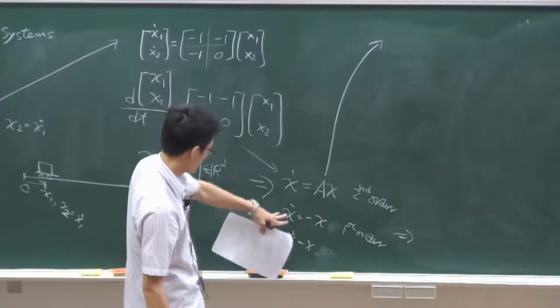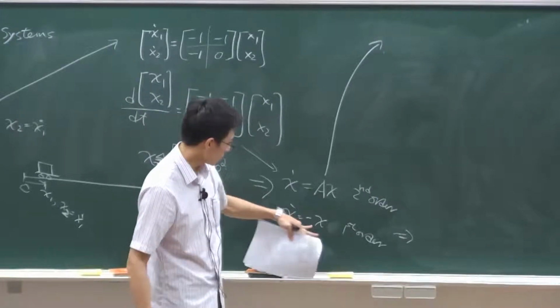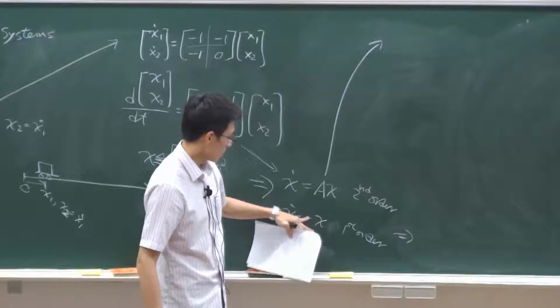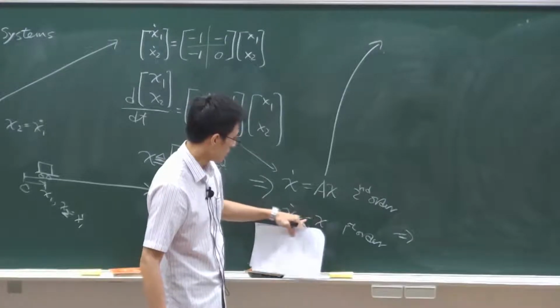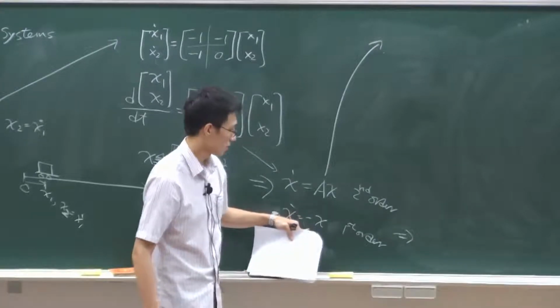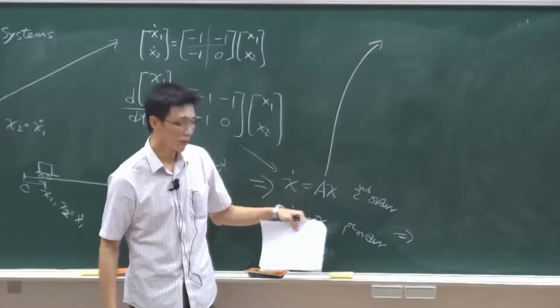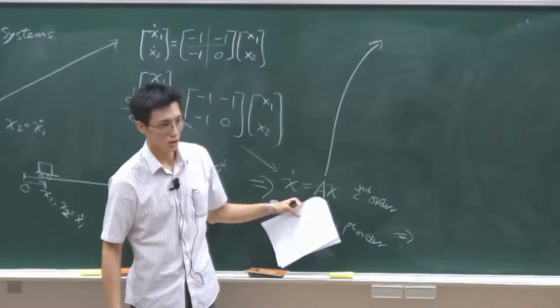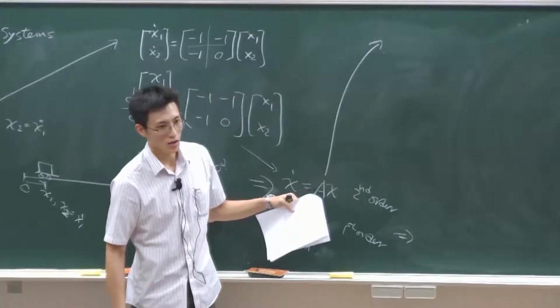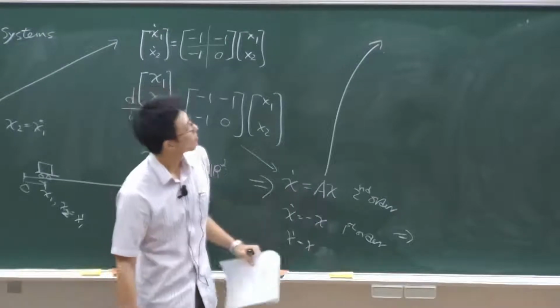So go back to here. It's easier to tell the stability by just judging the coefficient, and you can tell that it's a stable system. But how about A? A is a matrix. How will you tell? Basically, you use the eigenvalue. Okay.